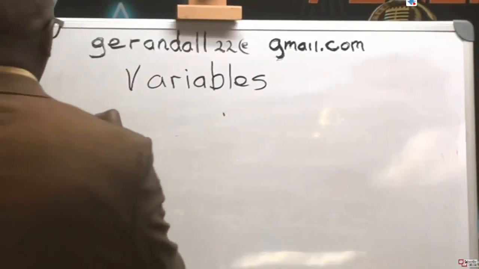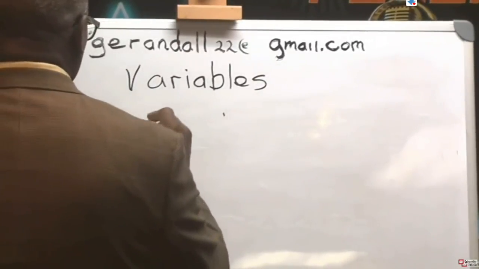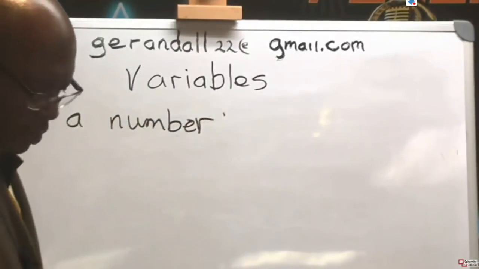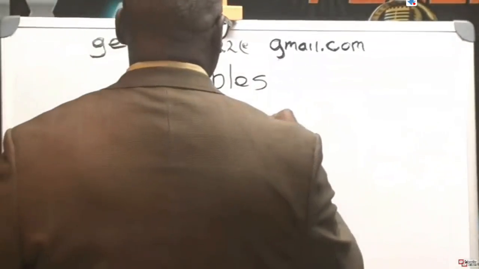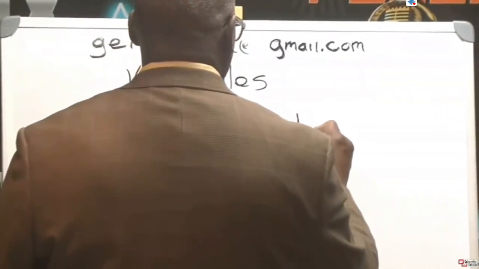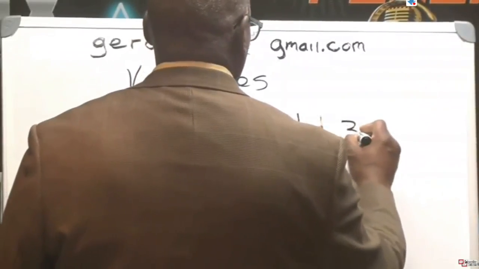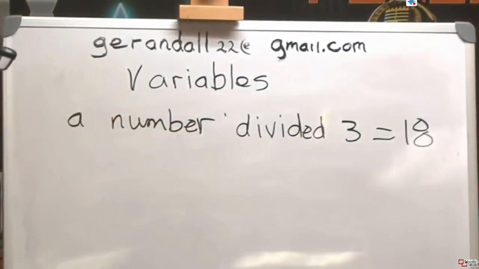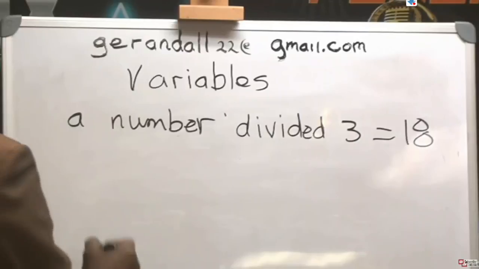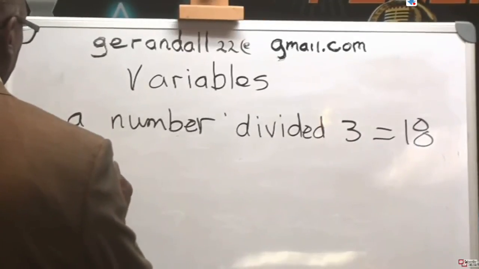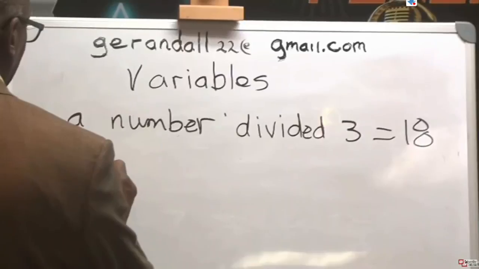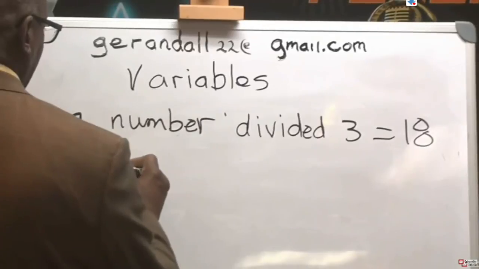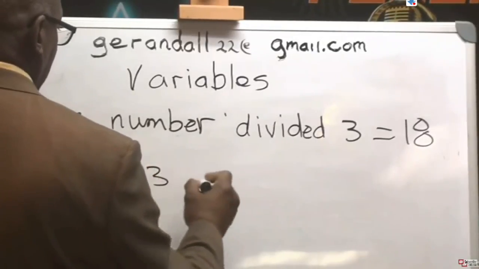And again, a number divided by 3 equals 18. So we got a number, m. We used m before. Let's use w. w divided by 3 equals 18.